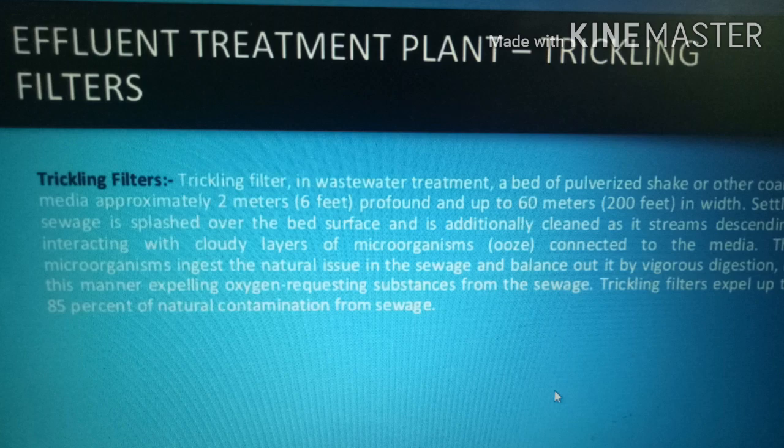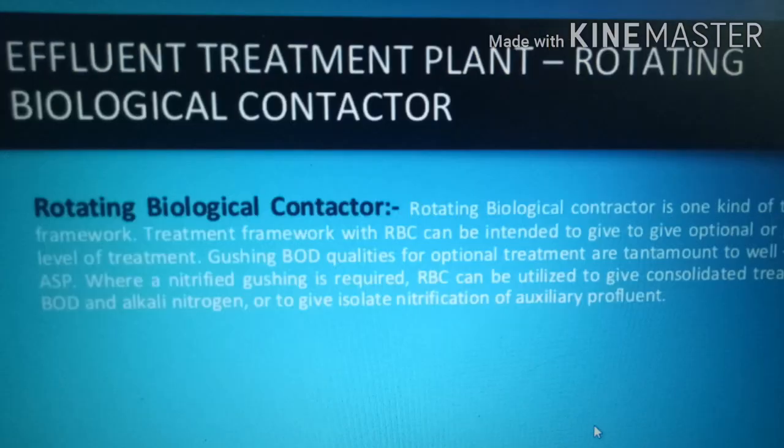And next coming to the RBC, the rotating biological contactor. A rotating biological contactor is one kind of treatment system. A treatment system with RBC can be designed to provide secondary or advanced levels of treatment, and effluent BOD quality for secondary treatment is comparable to a well-operated ASP.